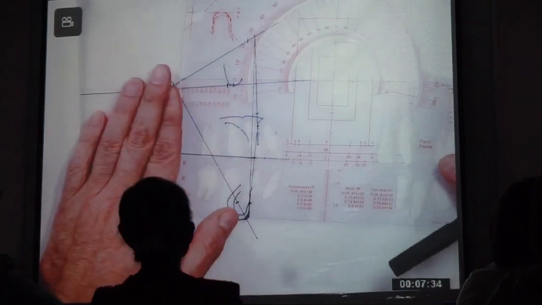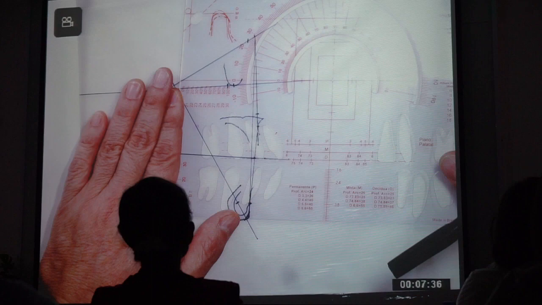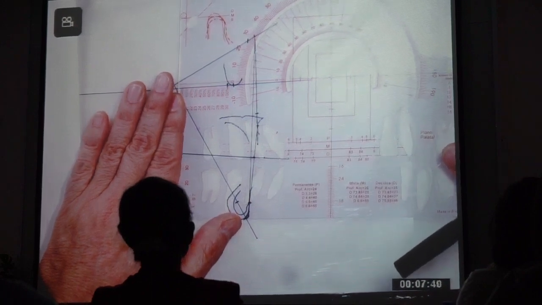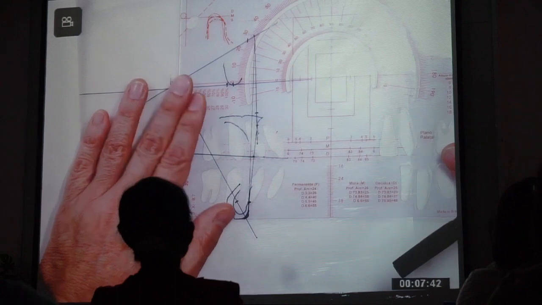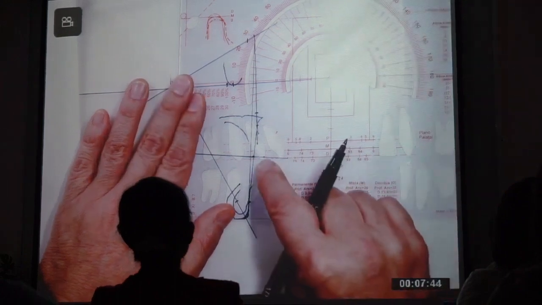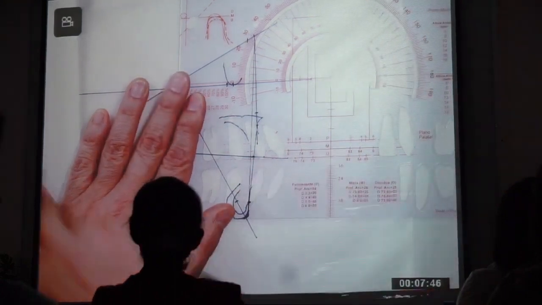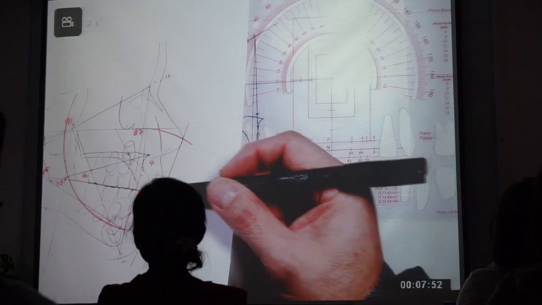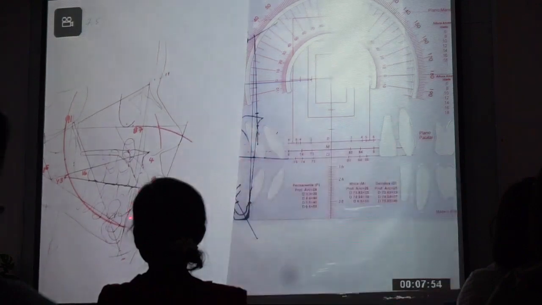So what I do, I don't like this too much. I can incline a little bit more because it's a young patient. And I put the occlusal plane a little bit low because I don't like the teeth to be exactly with the commissure. It should be a little bit down.